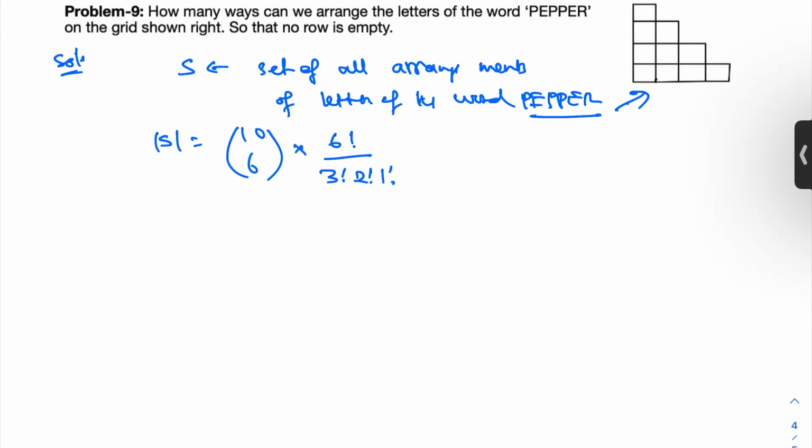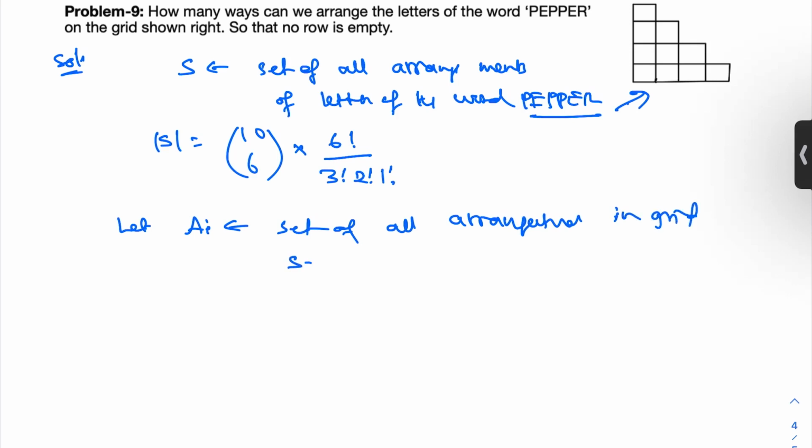So fine. Now let Ai be the set of all arrangements in the grid so that the ith row is empty, for i equal to 1, 2, 3, 4.